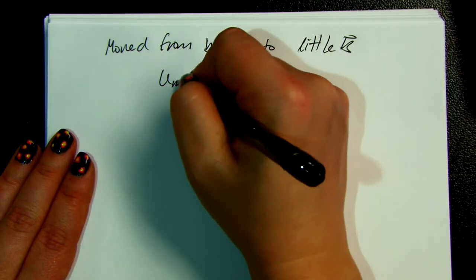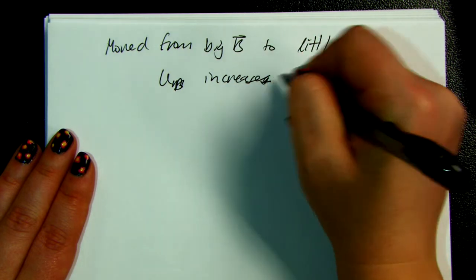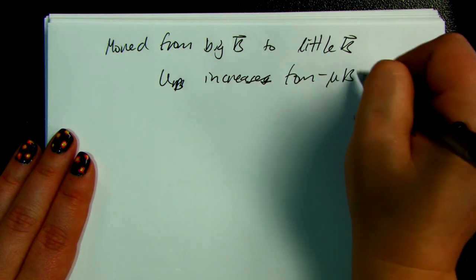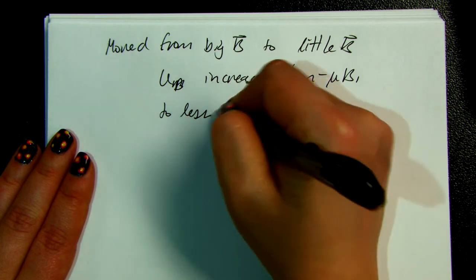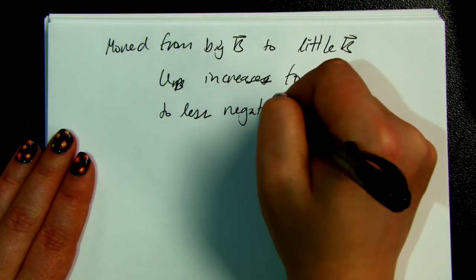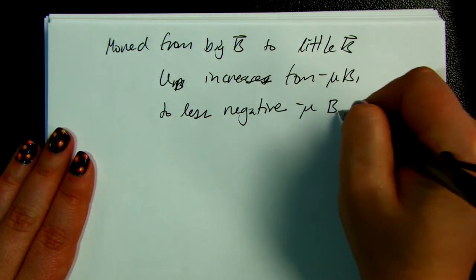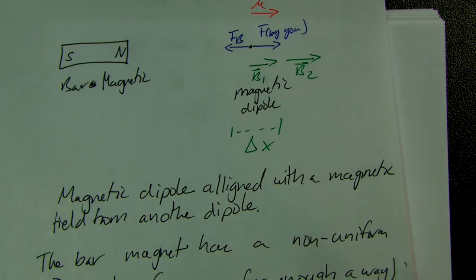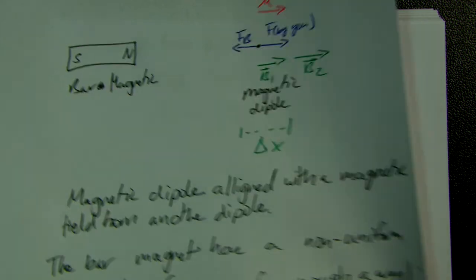So the magnetic potential increases from minus mu b to less negative. Okay, so we know the potential is negative. We are decreasing the magnitude of the potential, so we're just making it from negative to less negative.